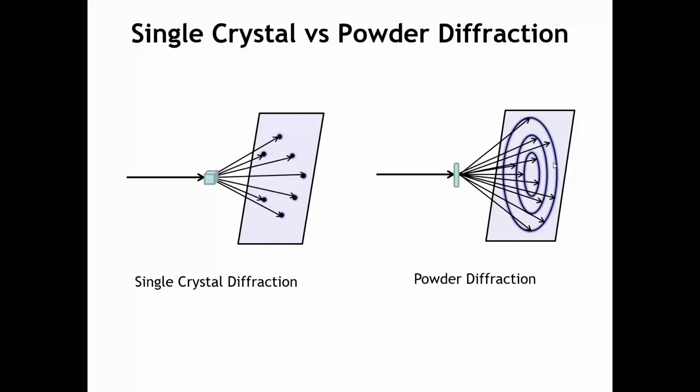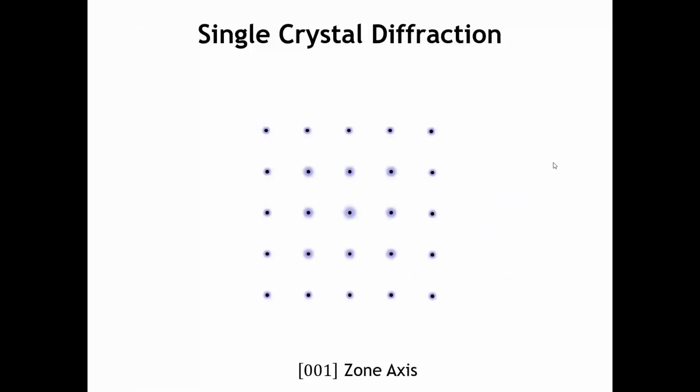Now, when you get a single crystal diffraction pattern like this, if you were to orient the crystal so that it was lined up in a specific high symmetry direction with the incoming beam, for example, here we have the X-ray beam coming in parallel to the 001 axis of the crystal.